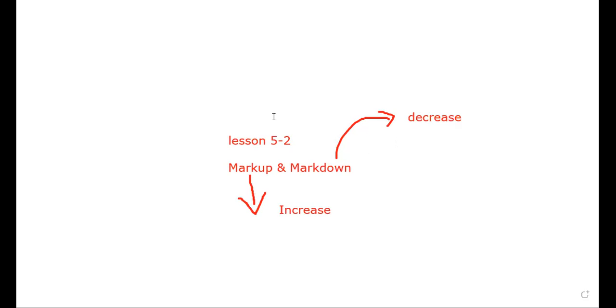You can imagine in our real life, in which situations we are going to say mark up and which situations we are going to say mark down.